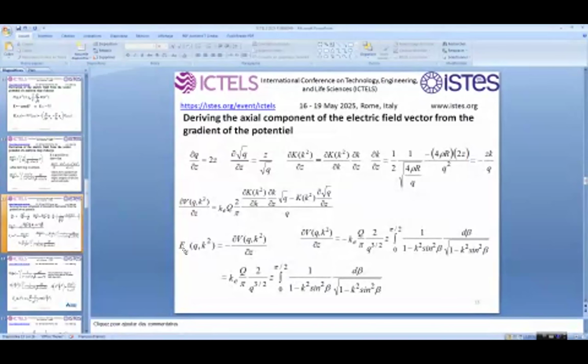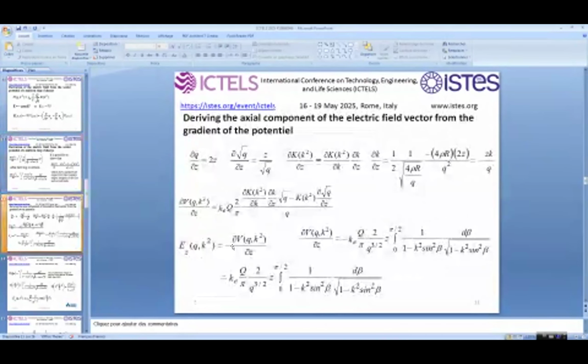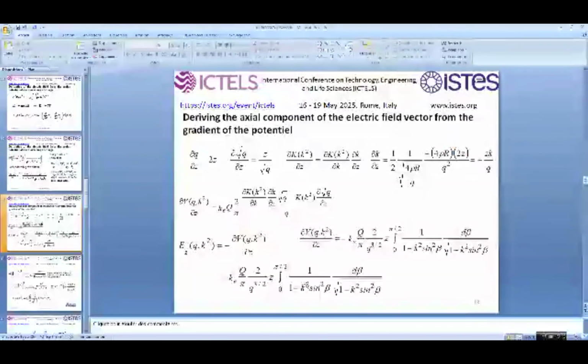From here we have the axial component of the electric field, which is this, and we replace this quantity by this form. Finally we find the axial component of the electric field.